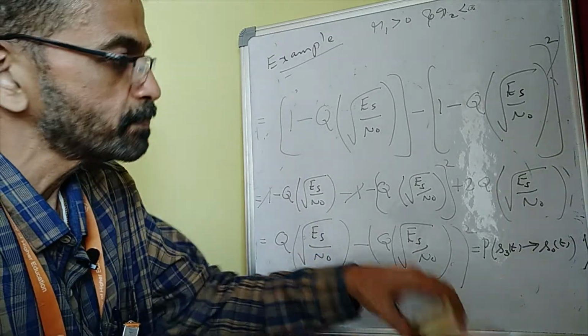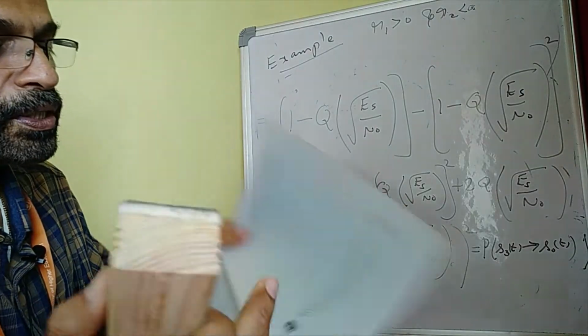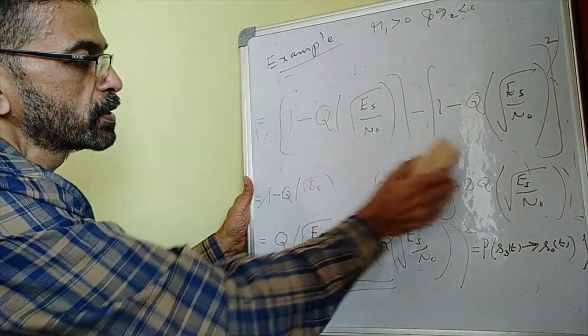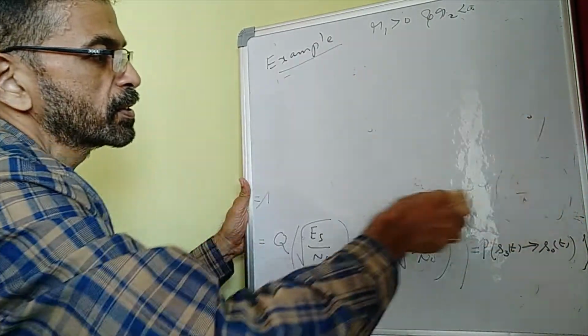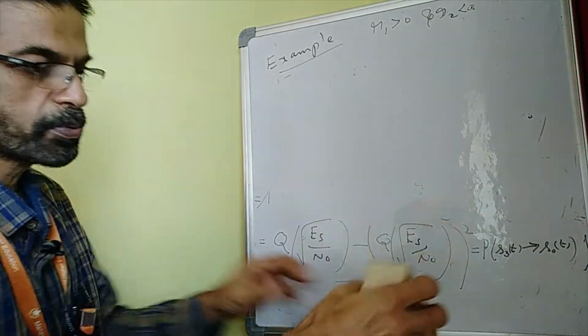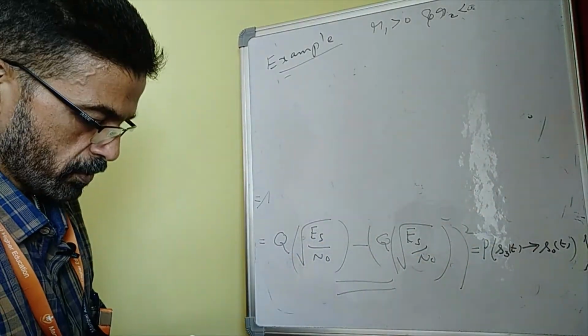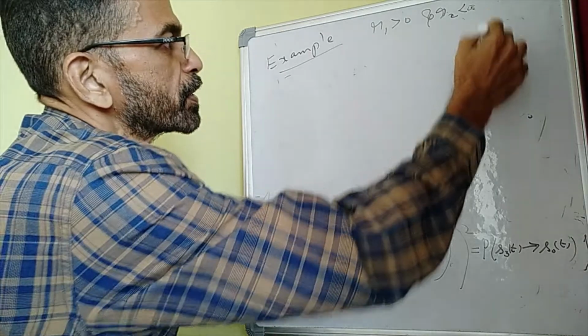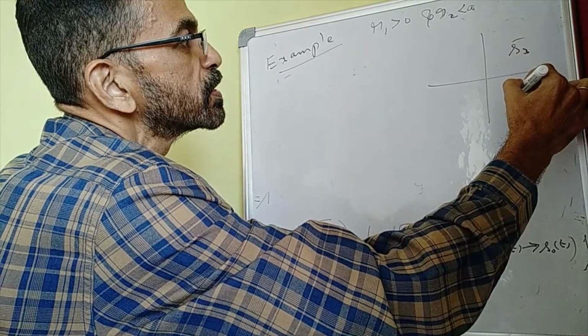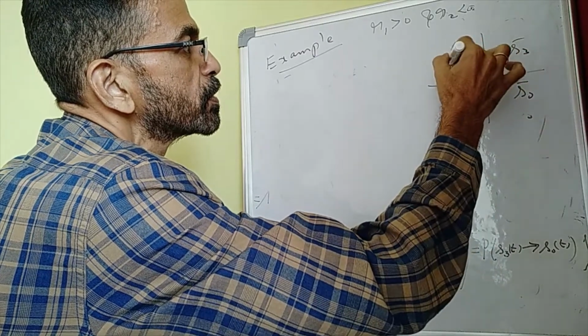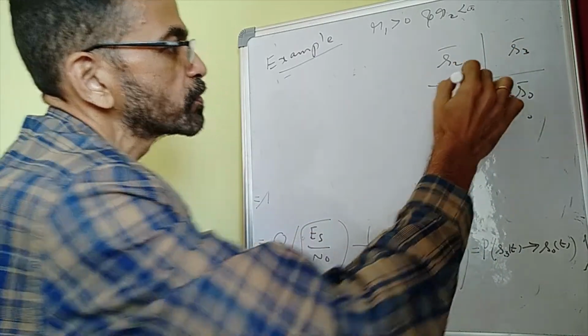Now, from the symmetry of the signal space, which I will quickly draw here again: S3, S0, S2, S1.